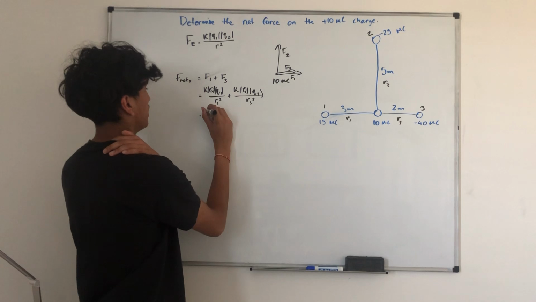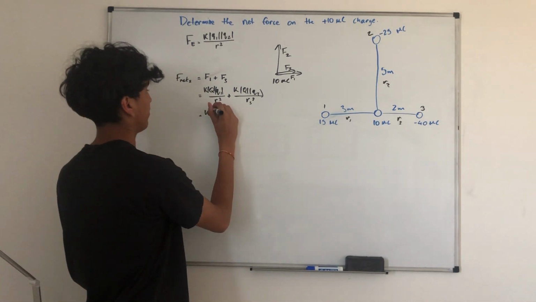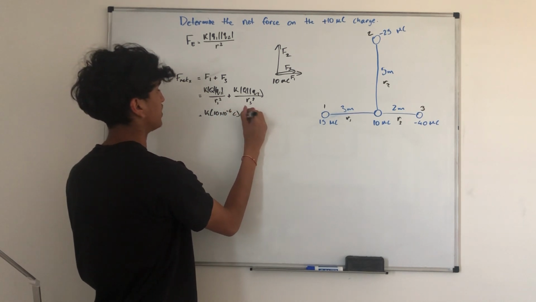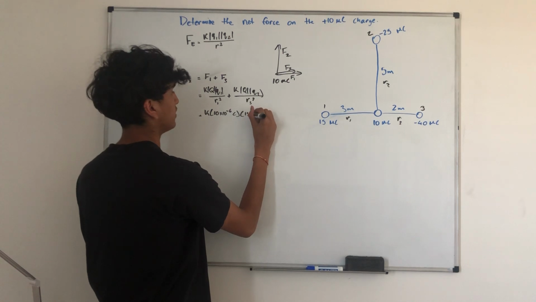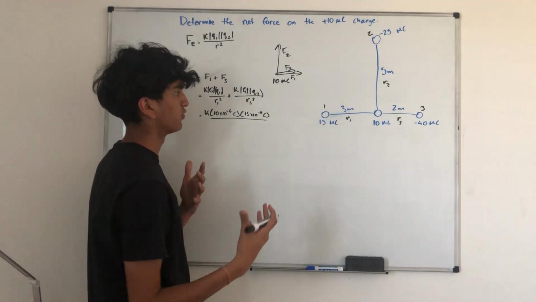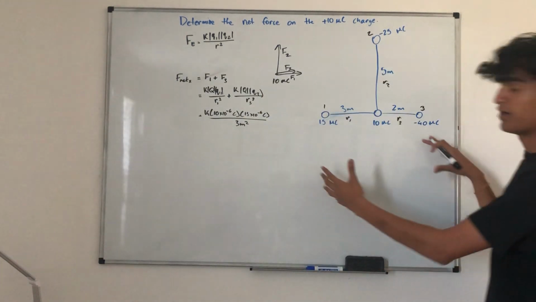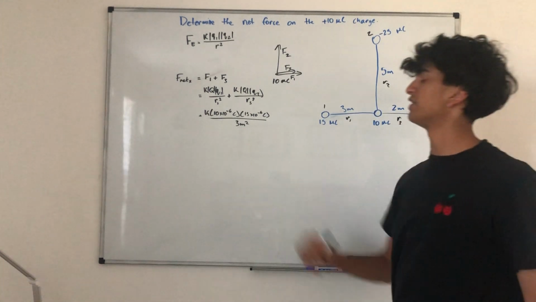So K is 9 times 10 to the 9th. Make sure to do that on your calculator. 10 times 10 to the negative 6 coulombs times, this is charge 1, so 15 times 10 to the negative 6 coulombs over R1 squared, which is 3 meters. I'm literally just using the diagram and plugging in this distance, they're 3 meters away. I've got to put that into my equation.